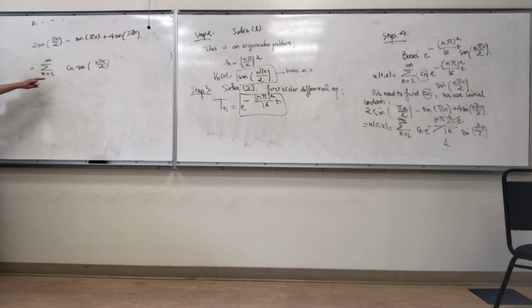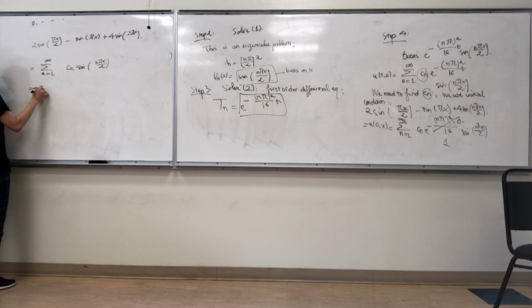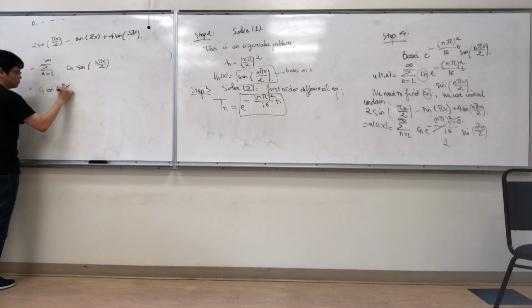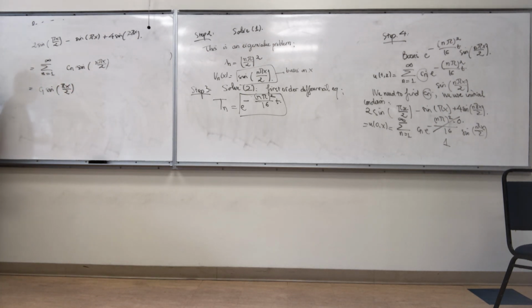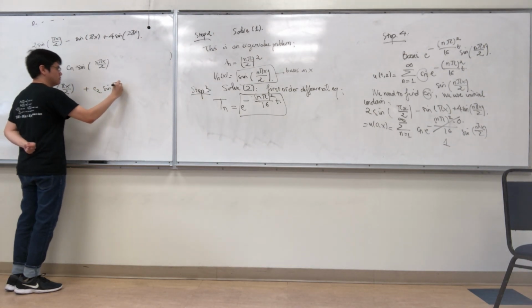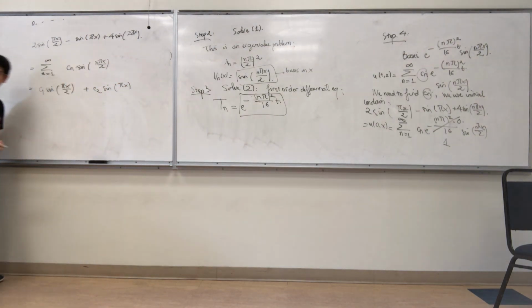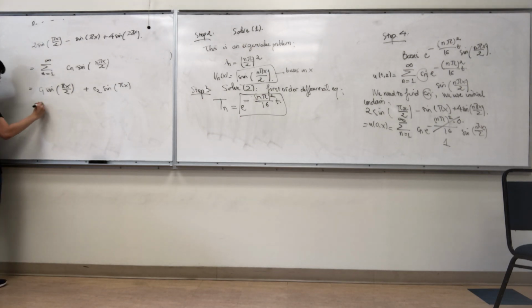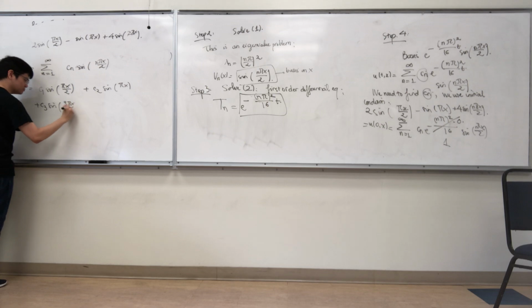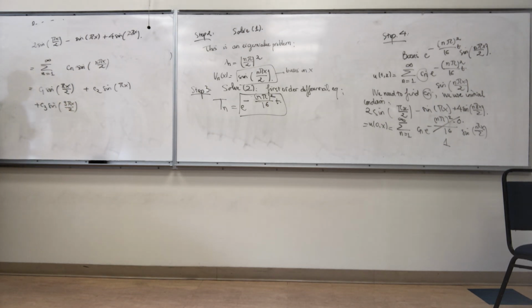Right, so I'm going to write down the form of this expansion, right? So what is this expansion? This expansion will be C1 sine of pi x over 2, right? Plus C2 sine of pi x, right? Plus C3 sine of 3 pi x over 2, right?